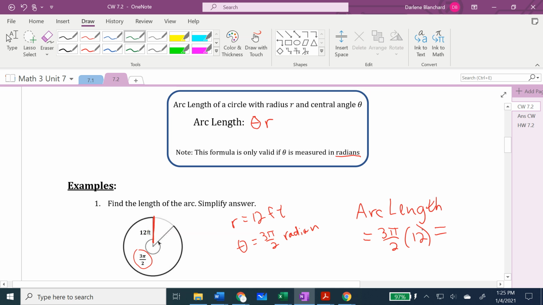And then just to point out, you've got divided by 2 times 12. And so that gives you 18 pi as an answer. And if you want to use your calculator for that, you can as well.